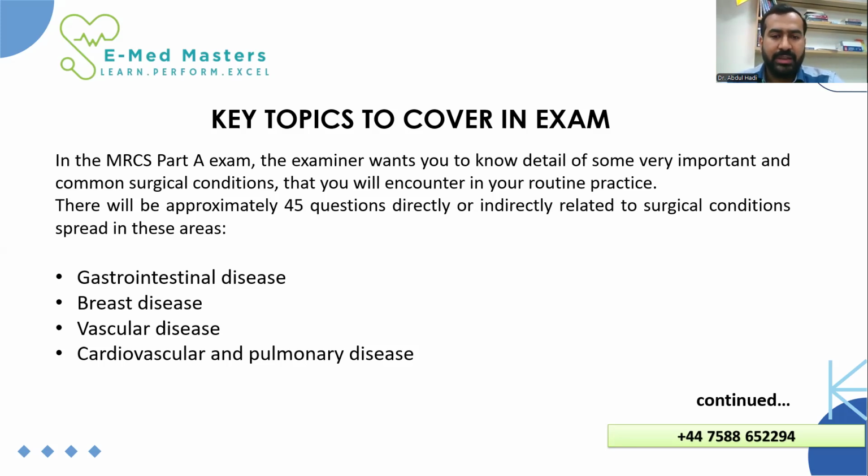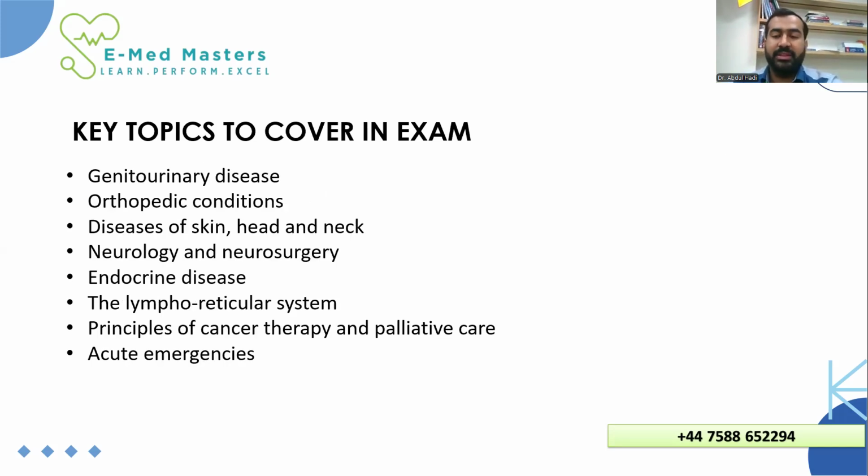So, what are the areas which we have to cover in our MRCS Part A? Start with gastrointestinal disease, then breast disease, then vascular disease, cardiovascular and pulmonary disease. Then comes genitourinary disease, and orthopedic conditions like we discussed in our last webinar.